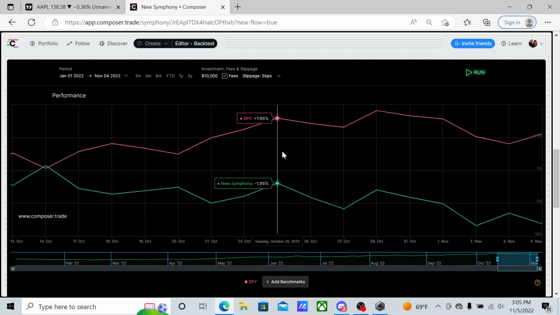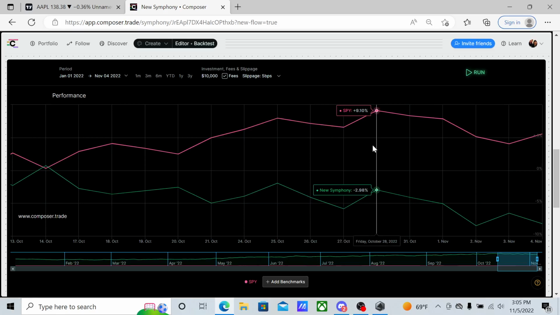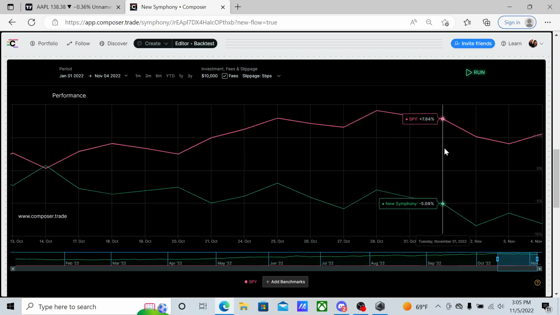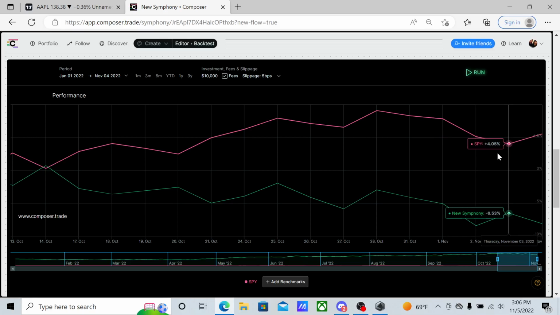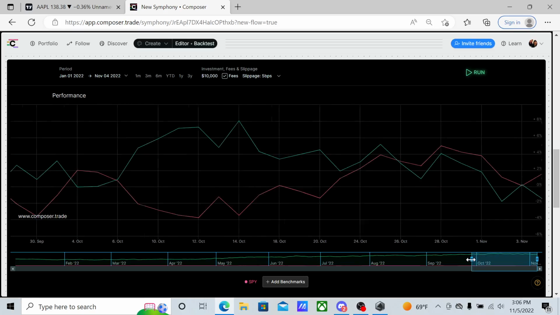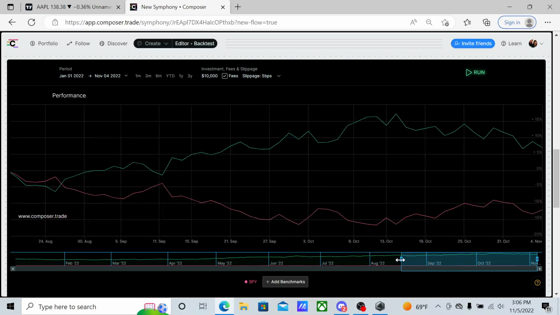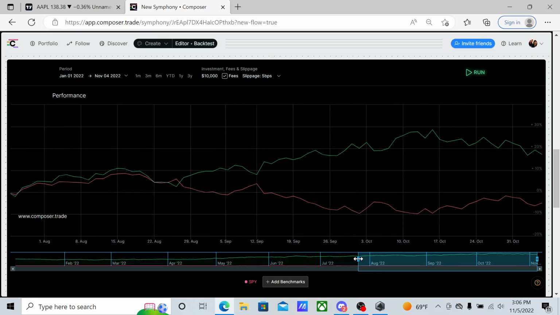However, 2 days it went up with the S&P, 2 days it went down with the S&P, one, and then they both went up, both went down again. But then here, I can't remember. Anyway, the S&P went down while the strategy went up, but then the next day the S&P went up while the strategy went down. So you're going to have periods of time where your strategy gets caught in a choppy movement. It is what it is.